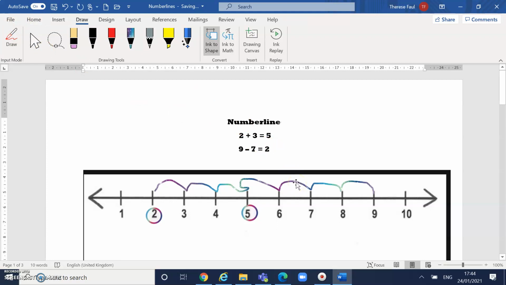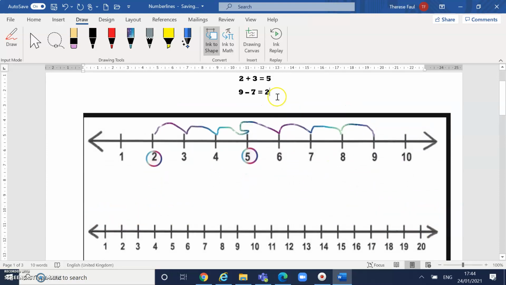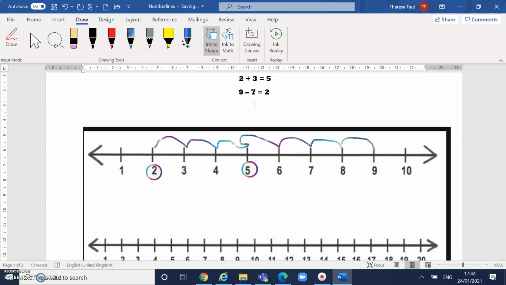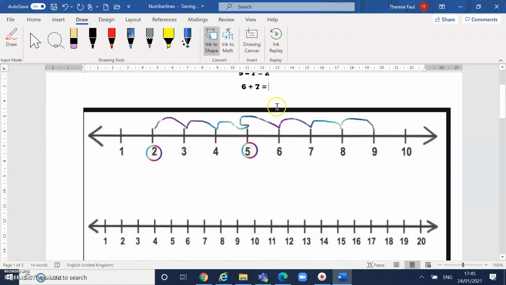Now, if I scroll down my page here, you'll see a larger number line. So this is going from the number 1 up to 20, and the principle is exact same. So let's say I have a bigger number here. Okay, so let's say I have the number maybe 6 plus 7. Okay, so again, we all know the answer to this, but how do we find the answer using the number line?